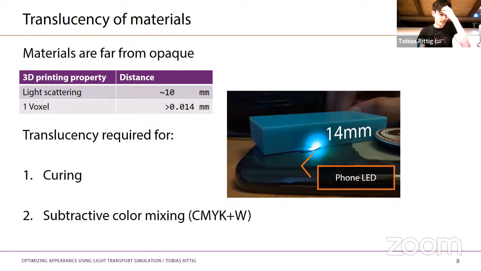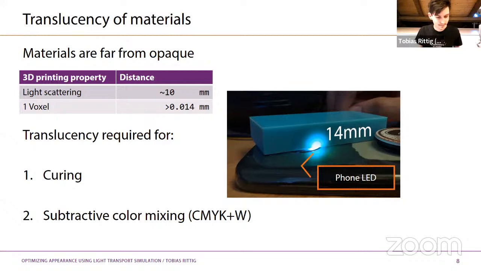And there, the translucency is really necessary because you want to achieve finer color mixtures between these four primaries. If the light goes through more volume of different materials, then you can achieve finer details between these colors. So you get a higher color resolution.